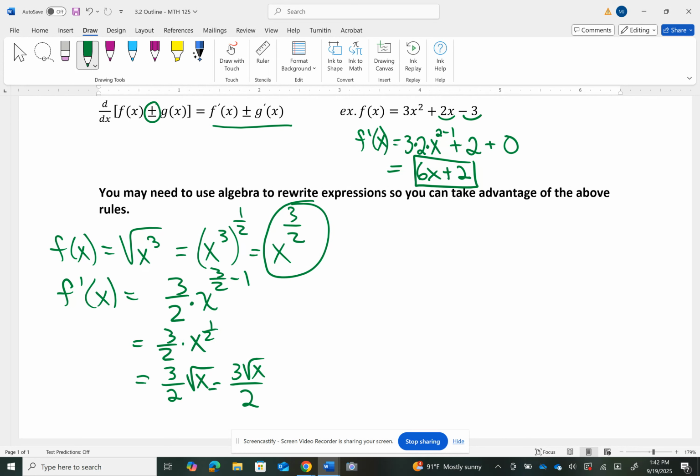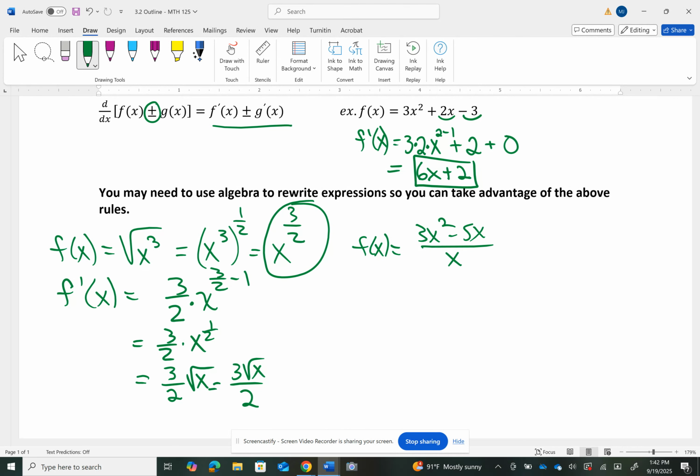All right, now you'll sometimes have things like this, maybe something like that. Once you know the quotient rule, you could use the quotient rule on that.